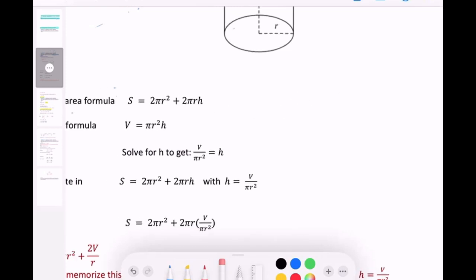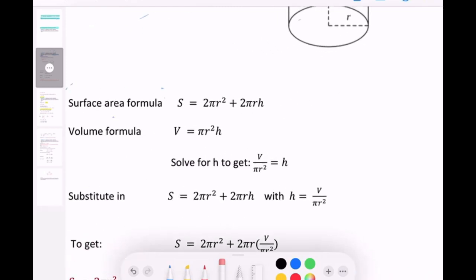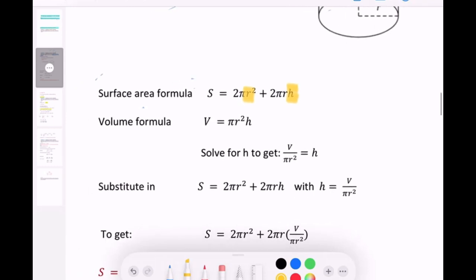We have 2 variables, as you can see, this H and this R. I cannot solve a problem with two variables, so I would like to eliminate one of them. And that's why I need to use the volume formula for the cylinder, which is pi r squared times h.